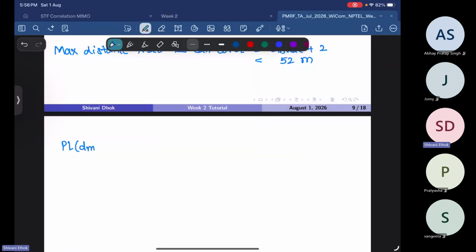At distance d max, the path loss in dB is the path loss at d break in dB plus 10n log to the base 10 d by d break.